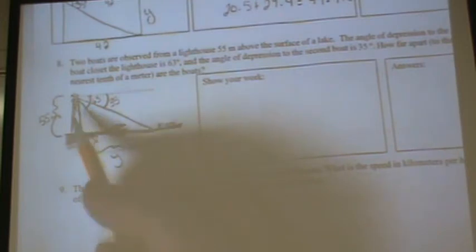So given what we have, we know that this is a 90-degree angle here, from the horizontal back to the lighthouse. And we have 63 degrees of that accounted for. So 90 minus 63, I wrote 65, is 27.